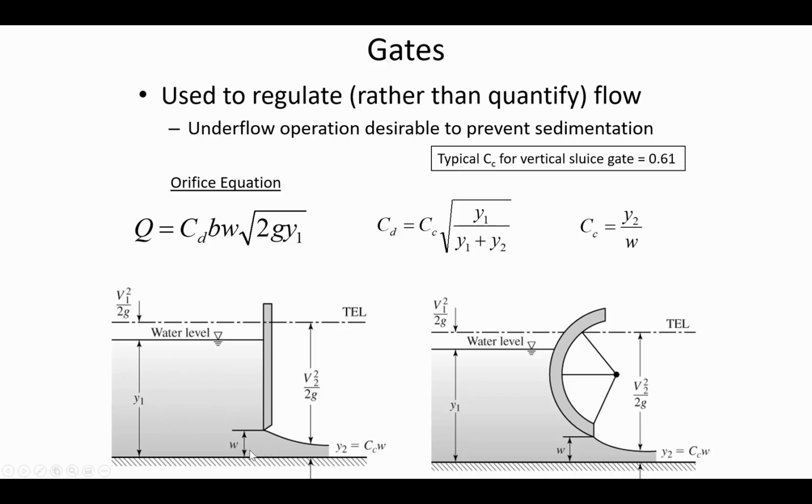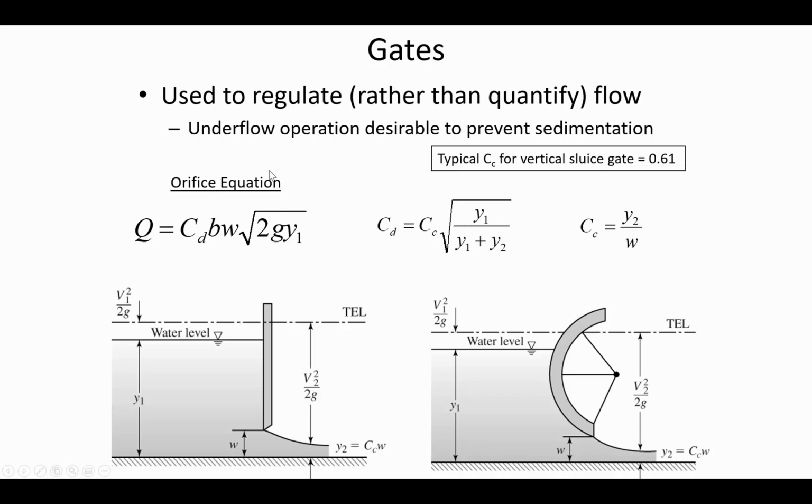In the same way that there's energy losses when the channel contracts or expands, there are also energy losses when the height of the flow goes from one height to another. So the coefficient of discharge takes both of those things into account, the ratio of the upstream to the downstream flow, and then also the contraction that's occurring.